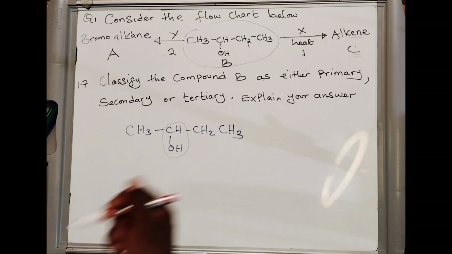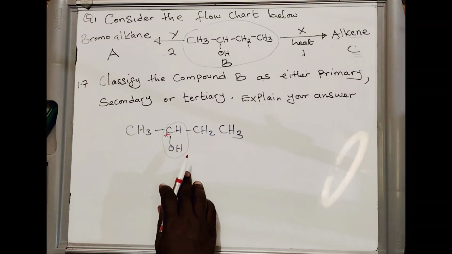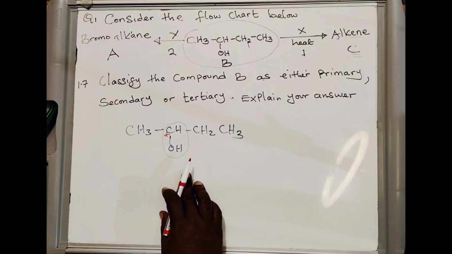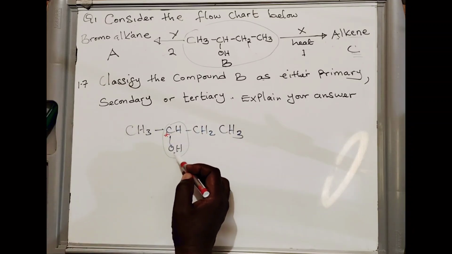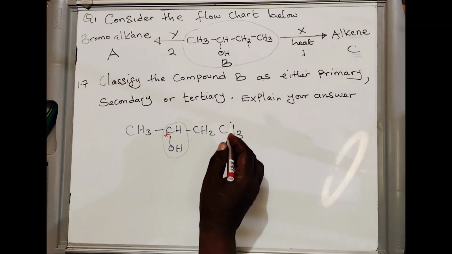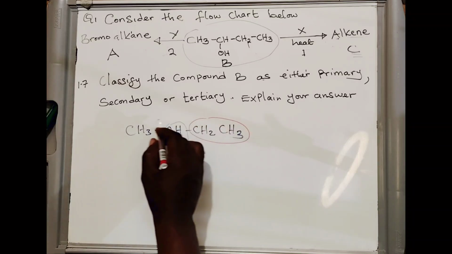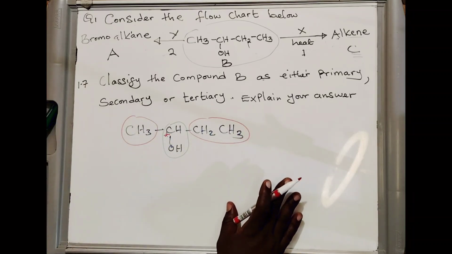If the carbon atom on which OH is attached is attached to one alkyl group, that class is primary. If the carbon atom on which OH is attached is attached to two alkyl groups, like this one is an alkyl group, and this one is another alkyl group, then that one is secondary.